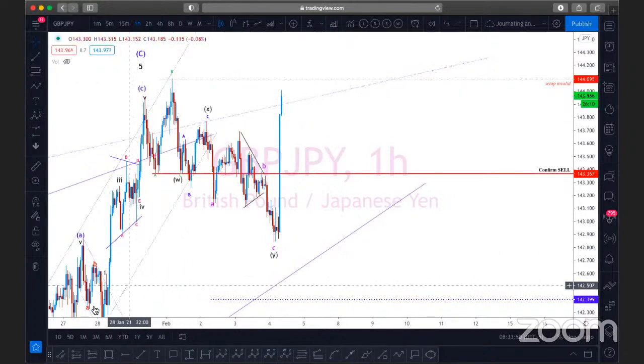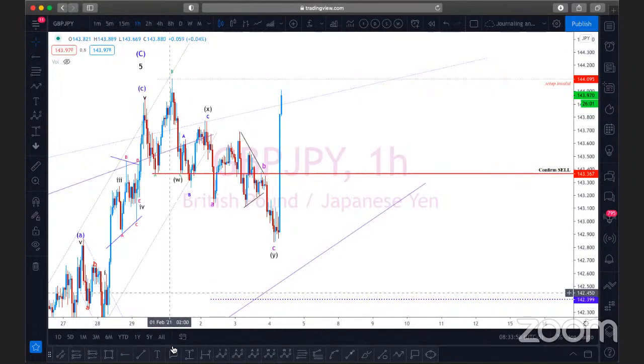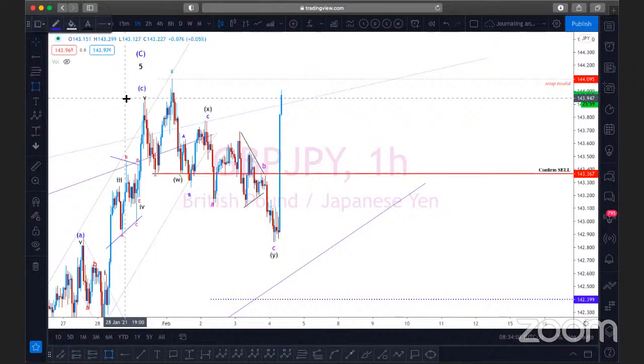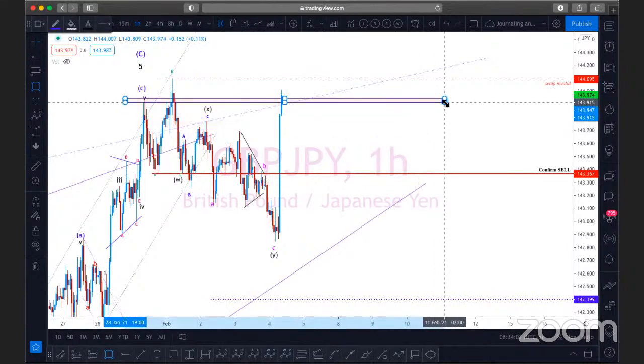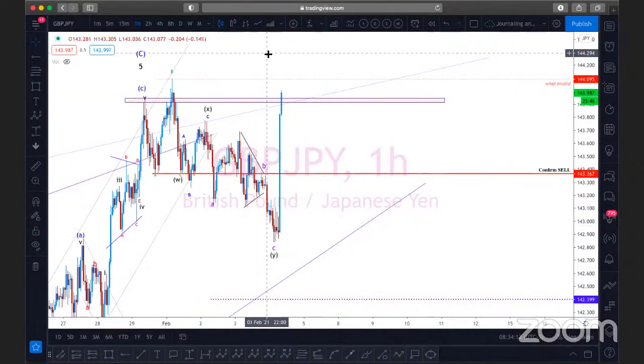Because what we're seeing now is this was the start of that A wave move right here. All right, let's use something else to highlight that. So here is actually the start of the A wave move and not this movement up here, right? So out of that entire move, we are already getting where B wave is falling higher.